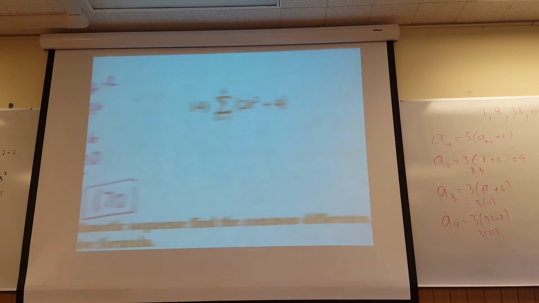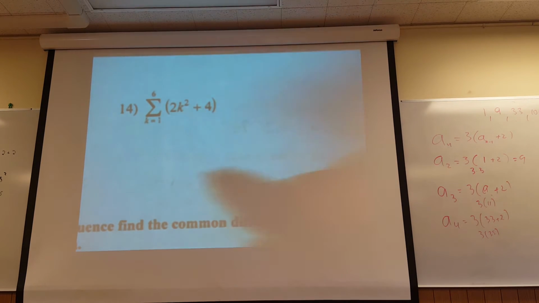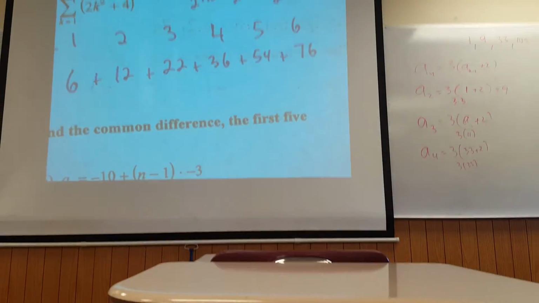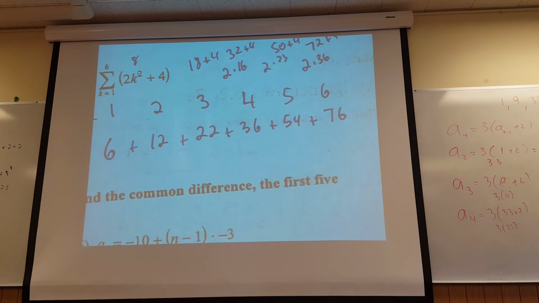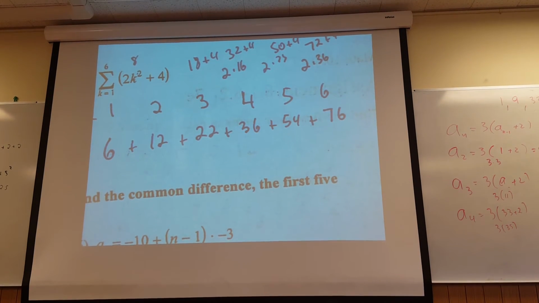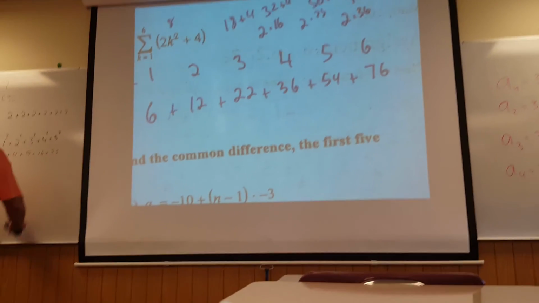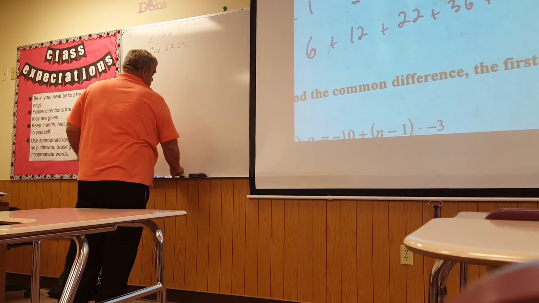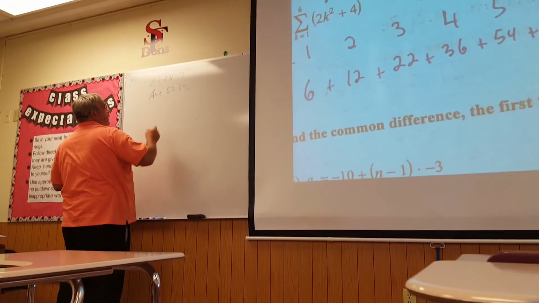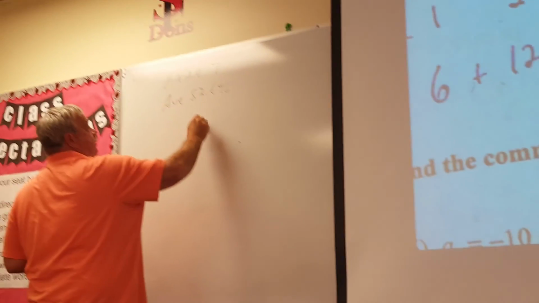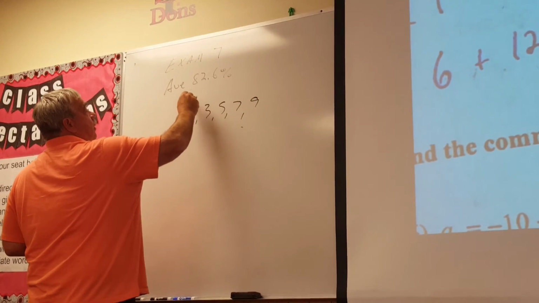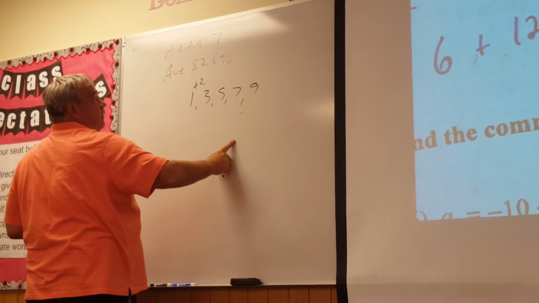All right, what's the first term when k equals 1 on this one? And when you get an arithmetic sequence, you add the same number every time, okay? So the sequence of numbers would be something like 1, and then 3, and then 5, and then 7, and then 9. We are adding 2 each time, okay?